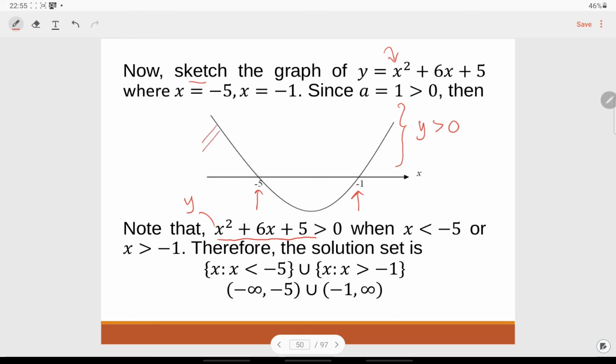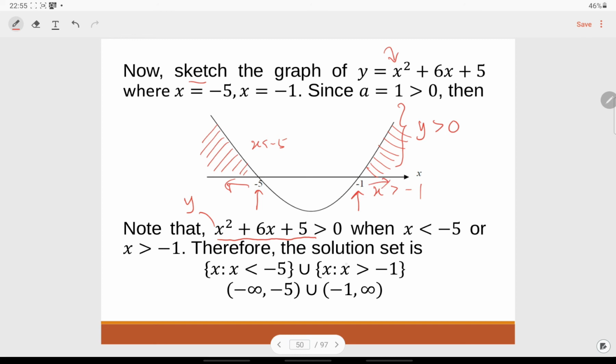The area is this side and also this side. Clearly we have two ranges of x: x is less than negative 5 and x is greater than negative 1. For the shaded area, that is the solution.